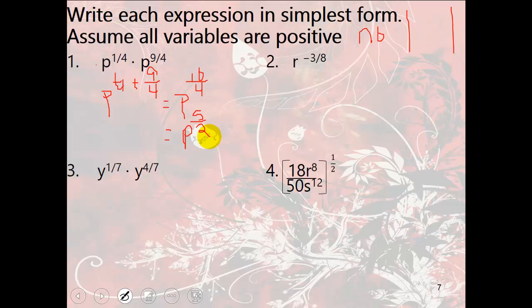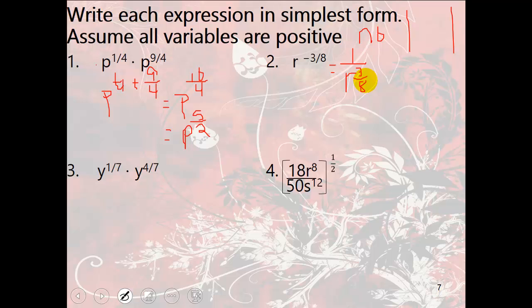Now I'm going to simplify r to the negative 3/8. I can't have a negative, so this is 1 over r to the 3/8. Now you have to think about this. I have 3/8. That leaves us with a radical in the denominator. I can't have any fractional exponents in the denominator. So what do I have to add to 3/8 to get it to 1?